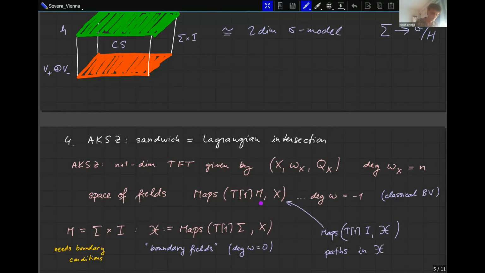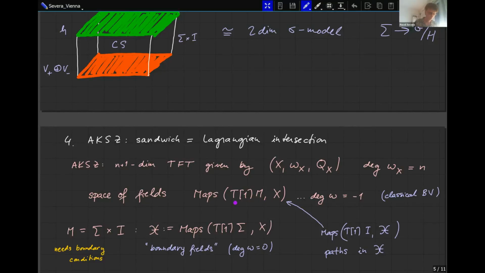But before doing that, let us just use this splitting of M into the product of sigma times I. So let's consider this mapping space from T[1]sigma to X. What one can call the space of boundary fields is denoted by this fancy X. It's a DG symplectic thing with the symplectic form of degree 0.